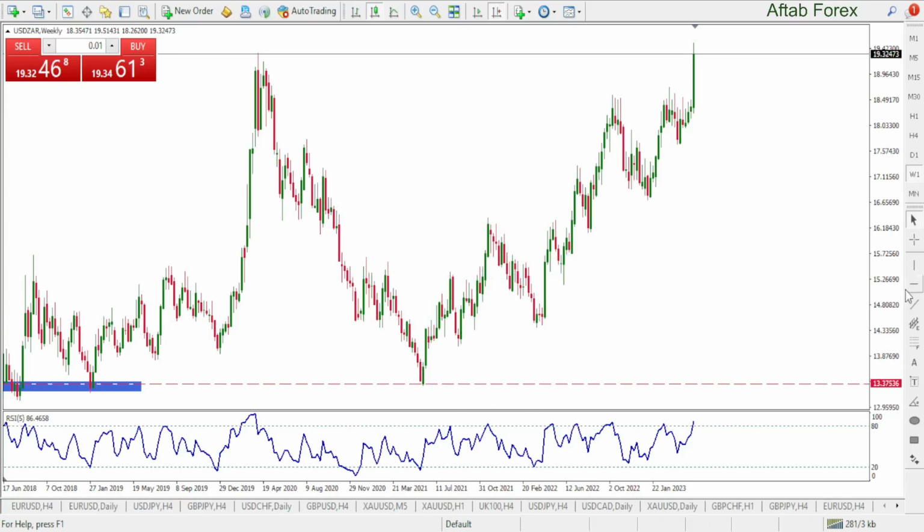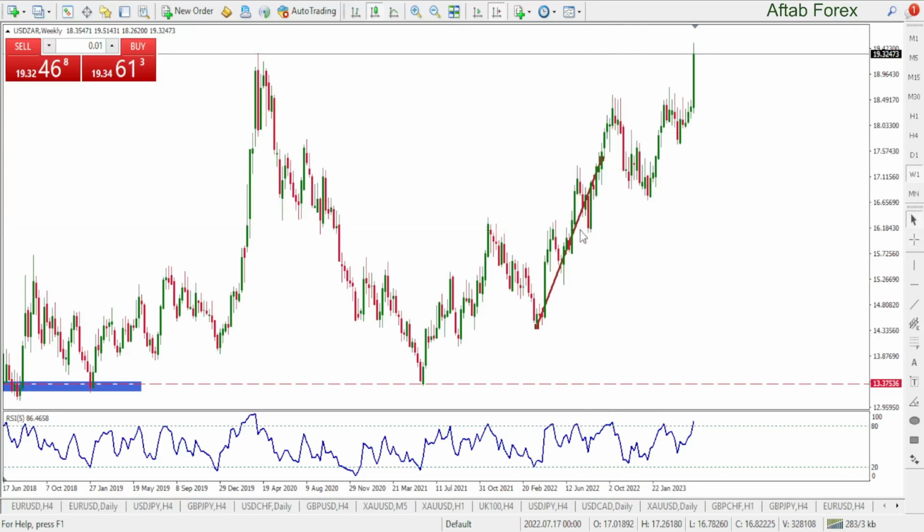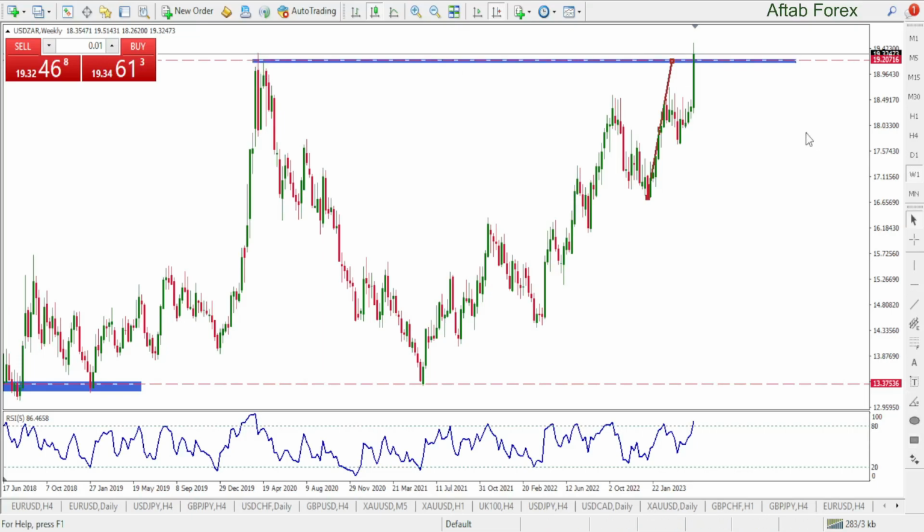So a support zone marked, I will be quickly doing it so that I don't bore you. See, this is a bigger ABCD pattern, even the completion right here, even the break above, even the retest. So at the moment, this is what it's showing, and it seems like we have got a break of structure, not exactly confirmed.